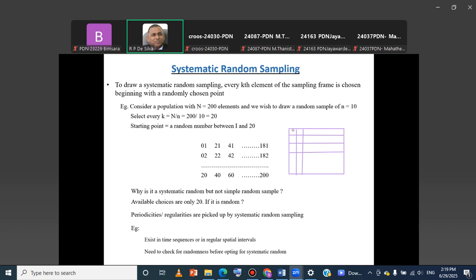Some examples exist in time sequences or in regular spatial intervals. So spatially, you can take regular spatial intervals, or you can take intervals in time when you take the samples. Same place, you can have different time intervals. That is temporal sampling. Spatial sampling is the same, you take different spaces. If you combine both time and space, you call it spatio-temporal sampling.